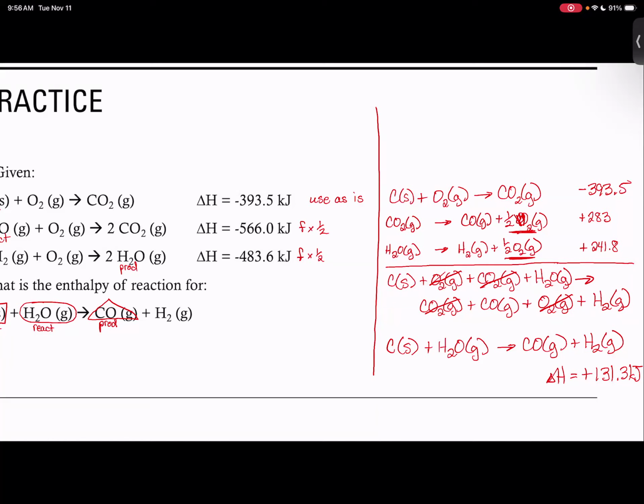So actually, all three equations had oxygen in them. So when you have multiple equations with the same substance, ignore that substance and move on to the next substance in the equation.